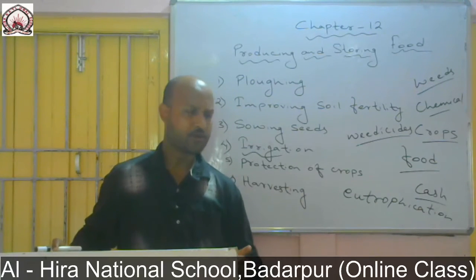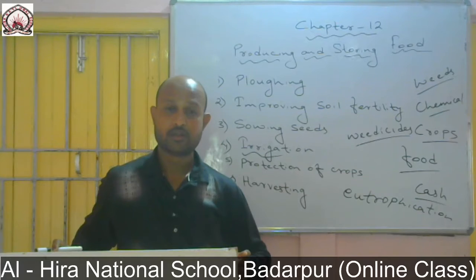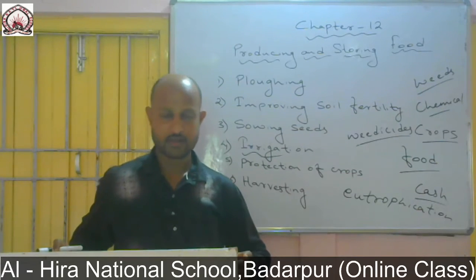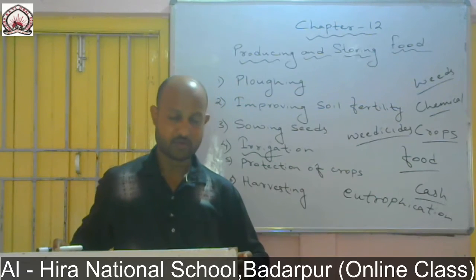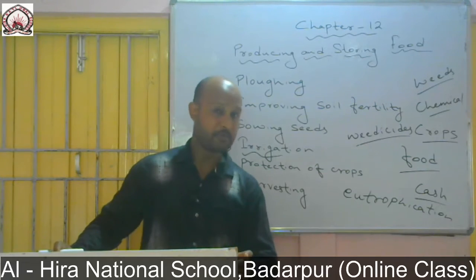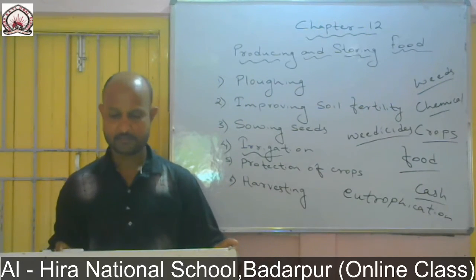So these aquatic organisms lose their lives as they are not able to breathe at all. The level of oxygen in water gets decreased. So these are some of the bad sides of using pesticides.